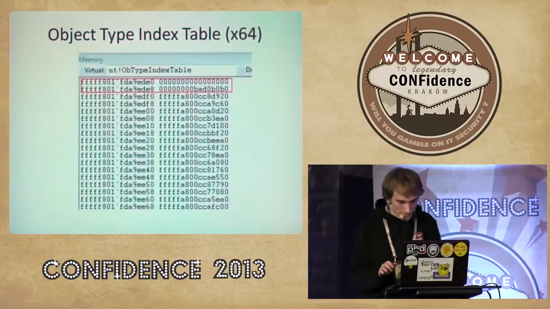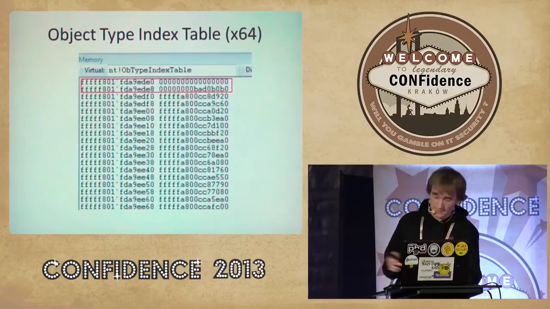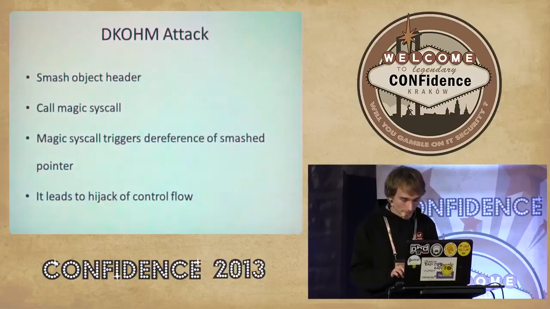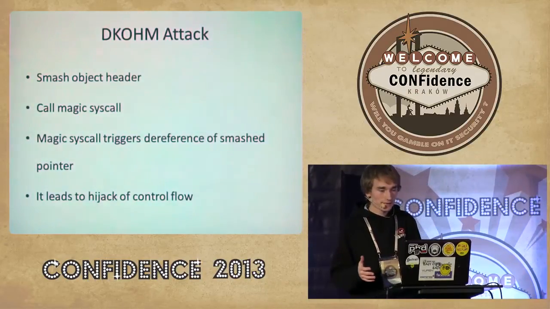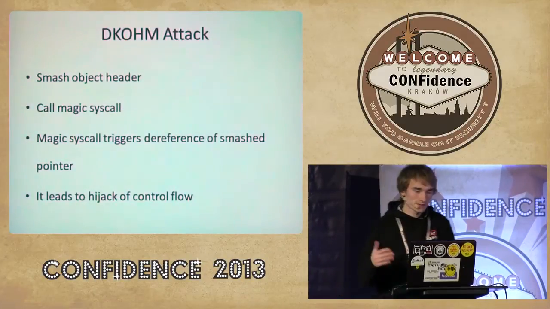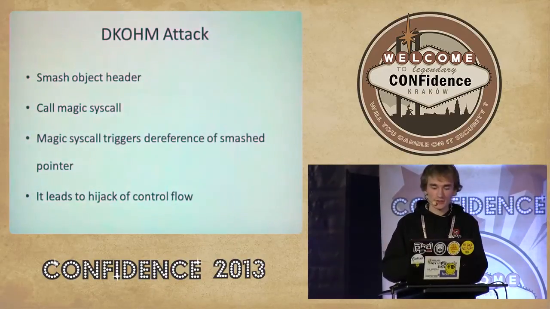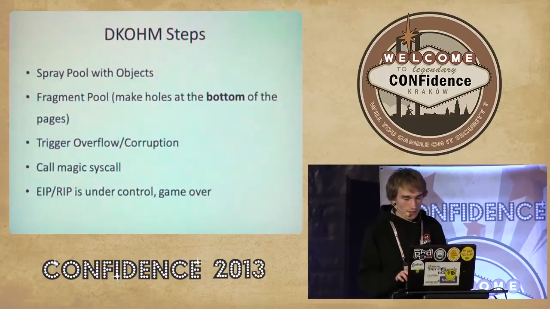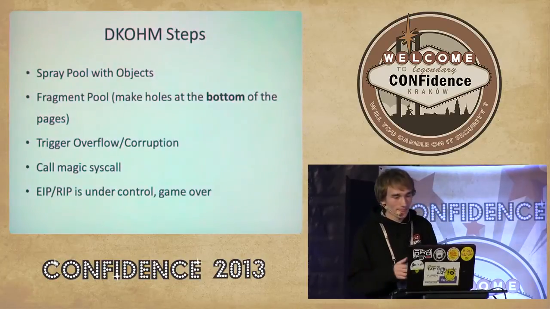On a 64-bit operating system, it looks quite the same, except that bad bobo is extended by zeros. So the idea is to smash the object header, and next invoke some special system call. This system call triggers the dereference of the smashed pointer, and basically it leads to a hijack of control flow. So the steps are quite easy.